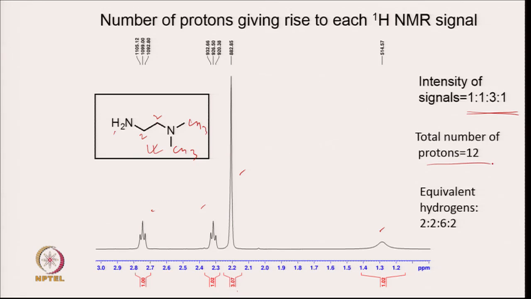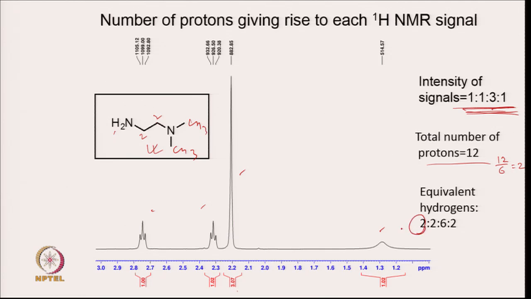So, the total number of protons is 12, and the sum of the ratio is 2 plus 3 plus 1, so 5, plus 1, 6. If I divide 12 by 6, this will give you 2, so just multiply this number by 2. So, the equivalent hydrogens will be 2.